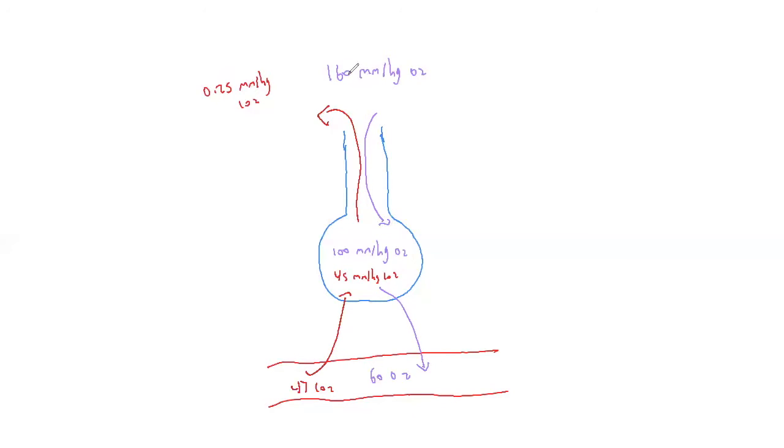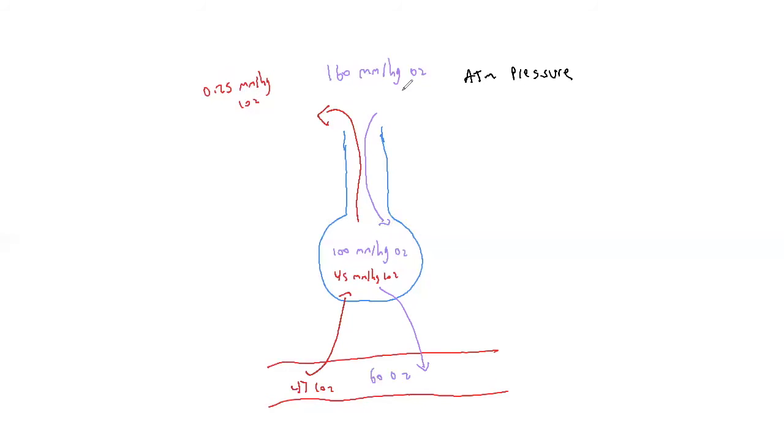So we see here, under normal circumstances, let me preface this by saying atmospheric pressure. What we're going to see is that oxygen has a higher partial pressure in the atmosphere than it does in the alveoli.